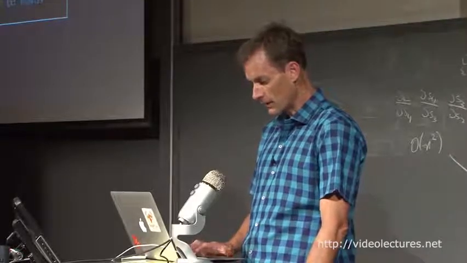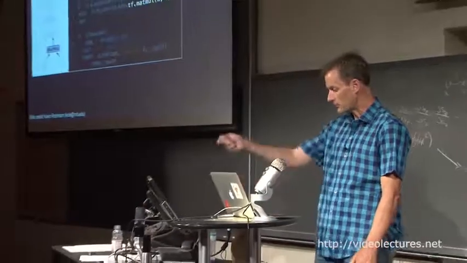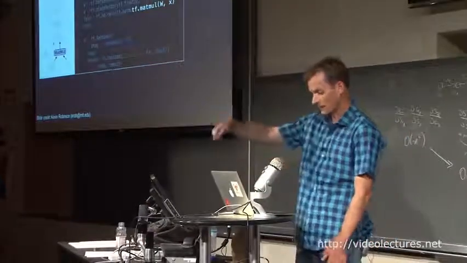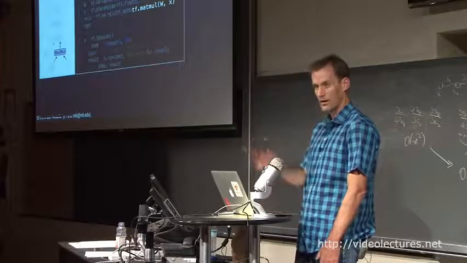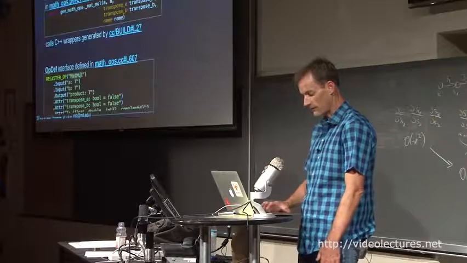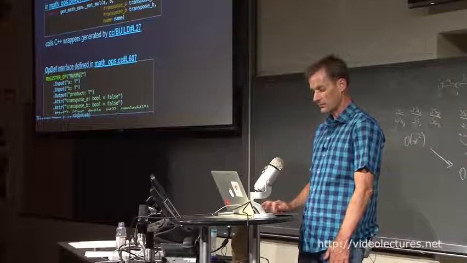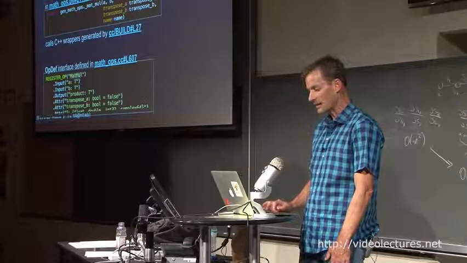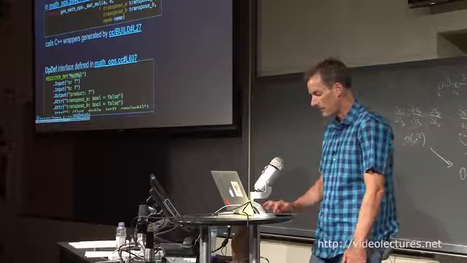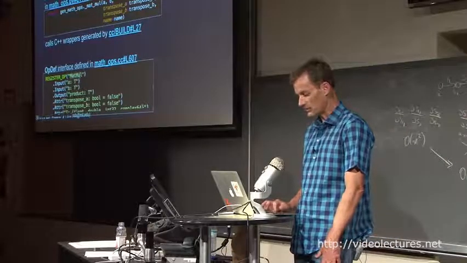So now if we look here at the matrix multiply, what that really means is we're going to take the tensor flowing out of W and the tensor flowing out of X, apply the matrix multiply operation, and produce an output that will flow into some other part of the graph. And so in Python, you would write this, tf.matmul(w, x). We automatically generate Python wrappers for the lower level representations of these things.